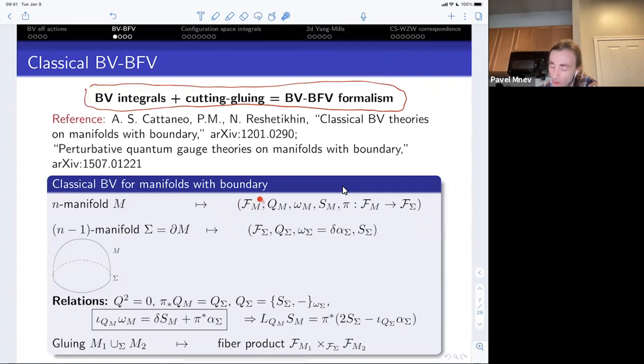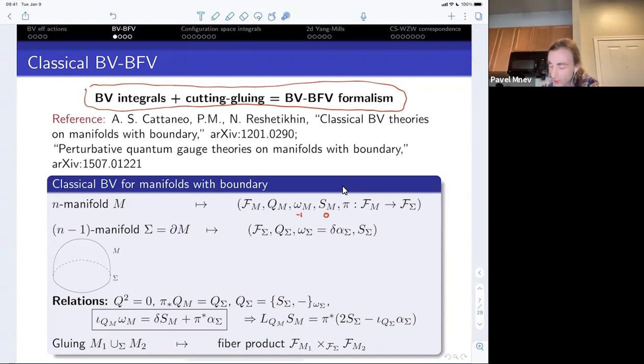So we have a space of fields, which is again a graded supermanifold, Z-graded supermanifold for the bulk, equipped with a homological vector field Q, equipped with an odd symplectic structure, again of degree -1, equipped with an action and a projection to the boundary fields.